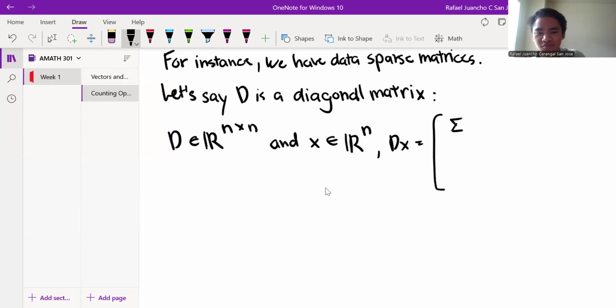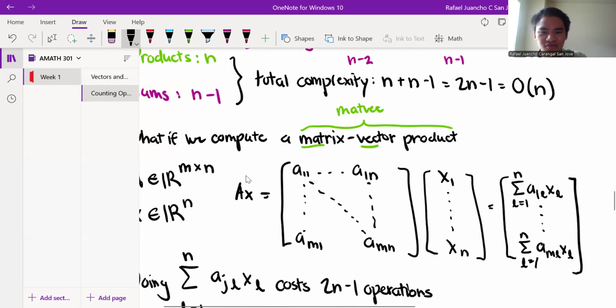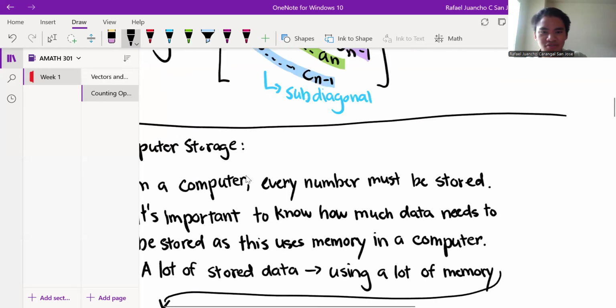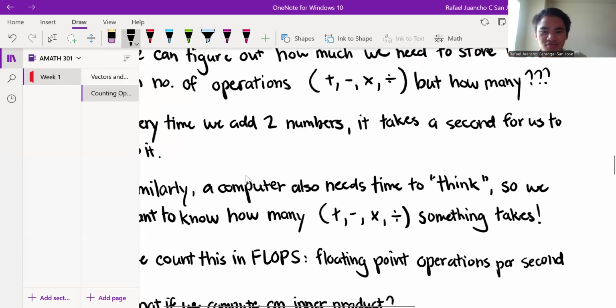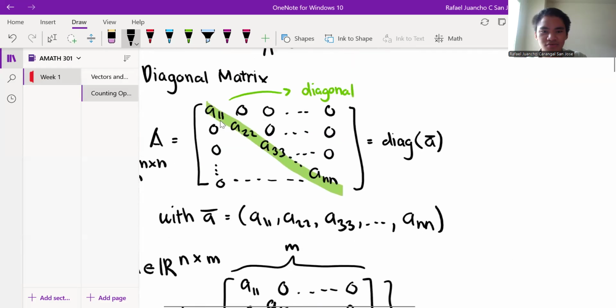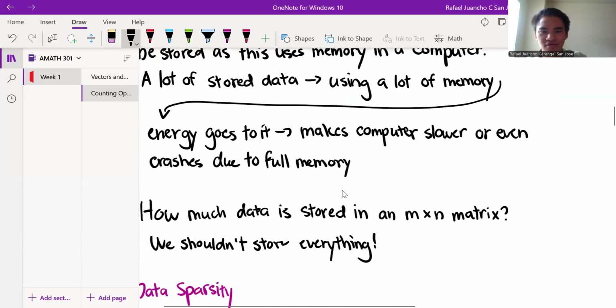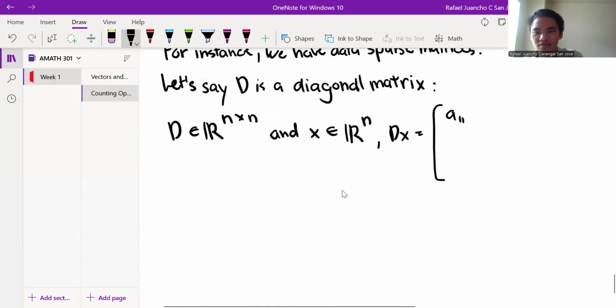What does the diagonal matrix look like again, at least in general? Oh, there we go: A11, A22, A33, all the way to Ann.